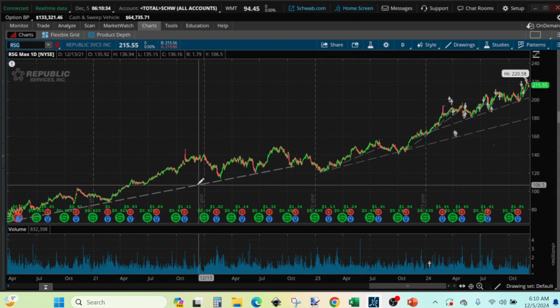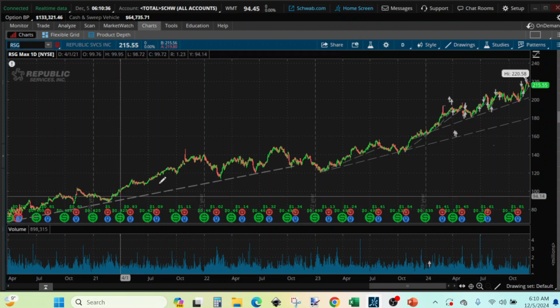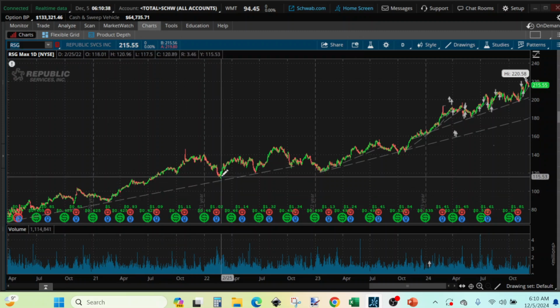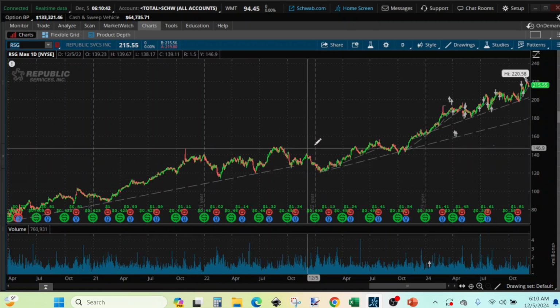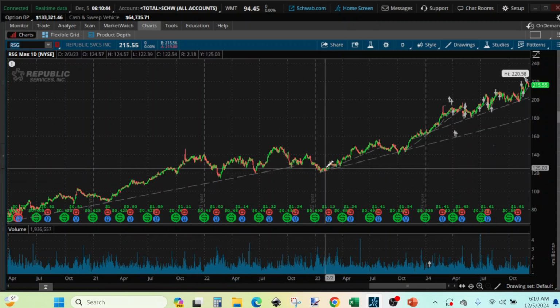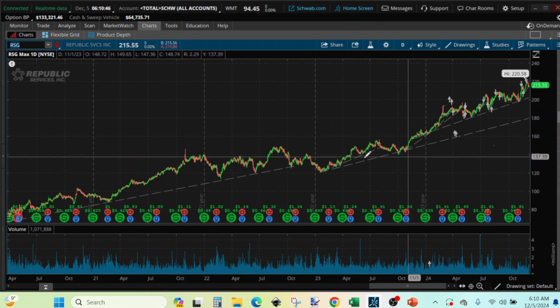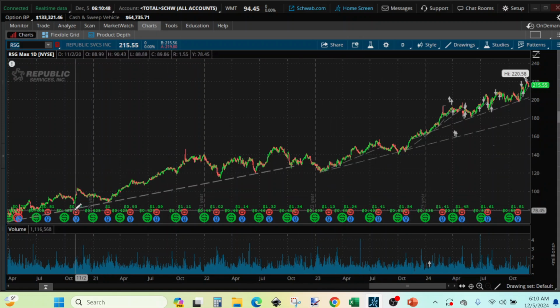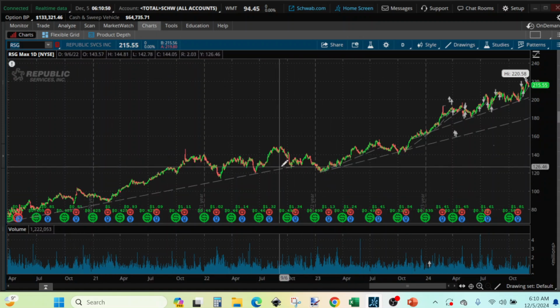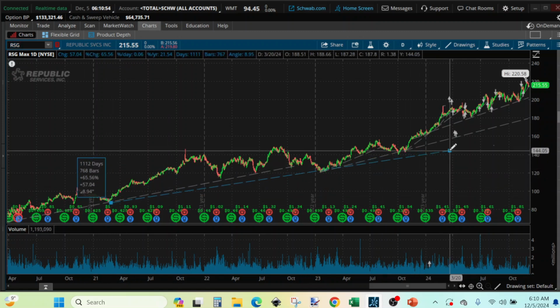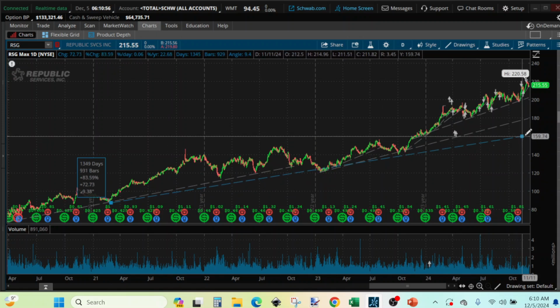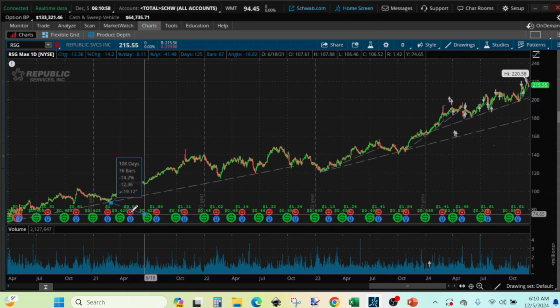But then let's see, we have February to February here, but then it followed that line, fell off of it a little bit and started again. So, and if I try to, let's see, if I try to combine both, it's going to go this route.